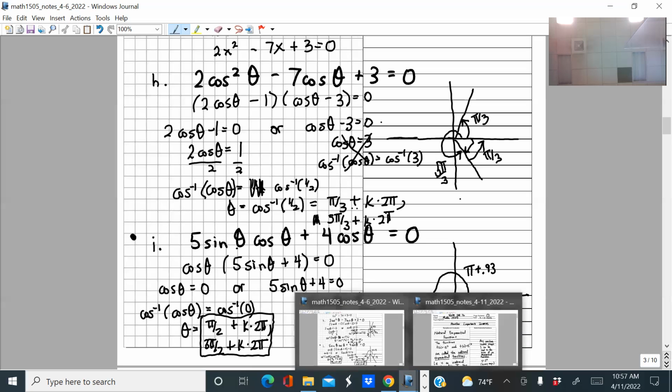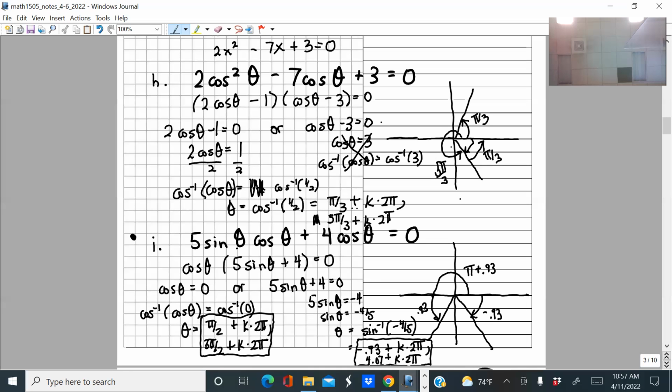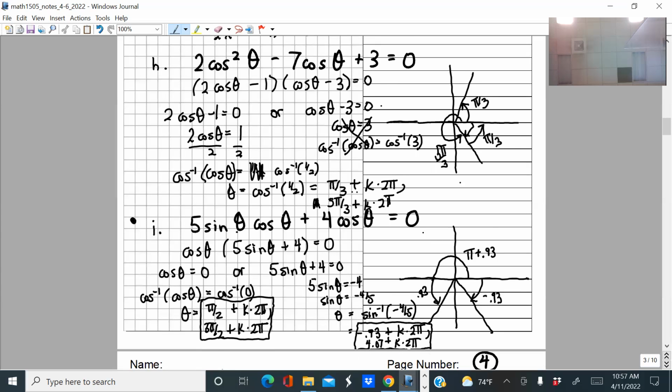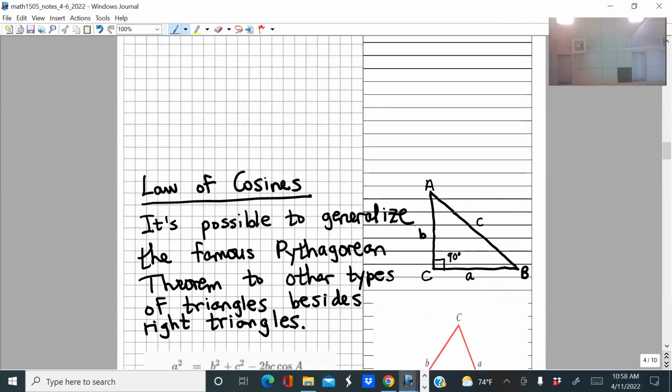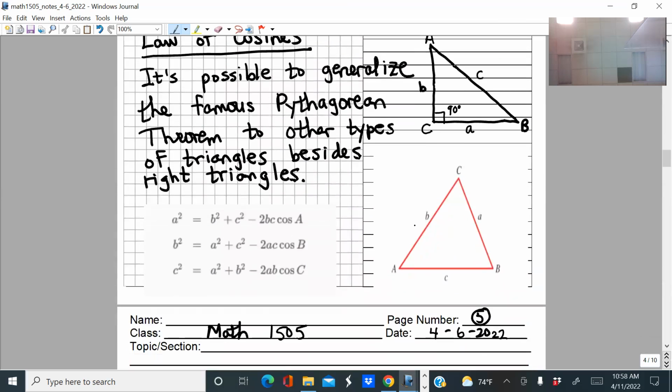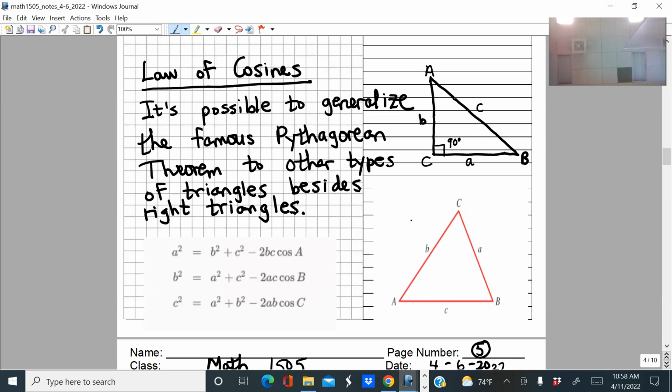Okay. Well, let's apply some of this knowledge of solving trig equations, and we're going to go back to one of our favorite things that we already know how to do pretty well, and that is solve triangles. So we learned, and you showed me on the test, how to find the lengths of sides or the size of angles in right triangles, given some information about the right triangle, correct?